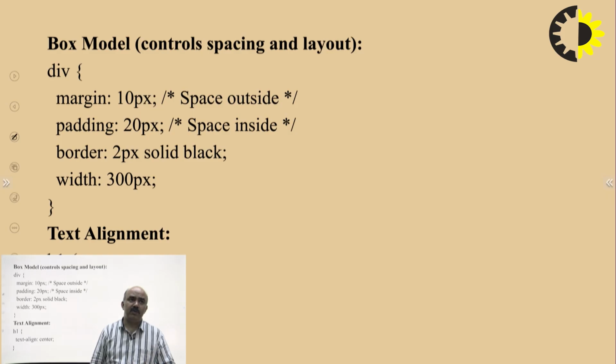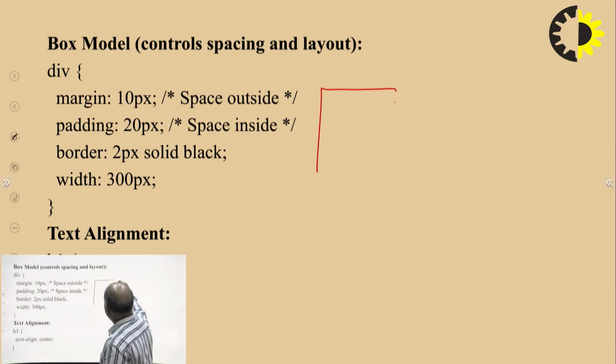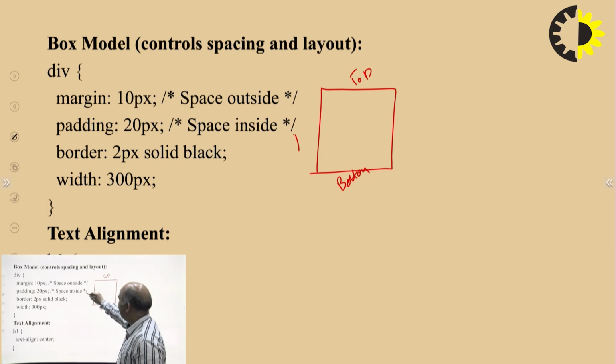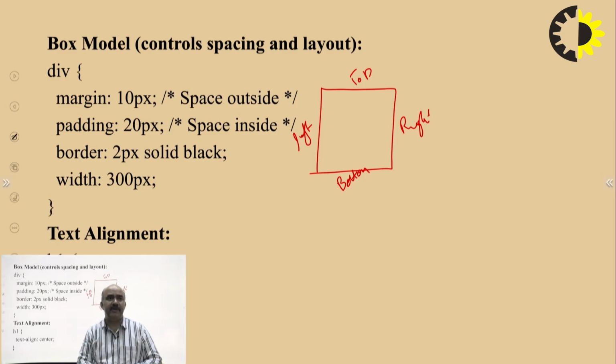Then we have the box model, where a box is being created. Margins: within that box, what is the boundary of the box, what is the top, the bottom, the left, and the right. Values can be defined here in this case.